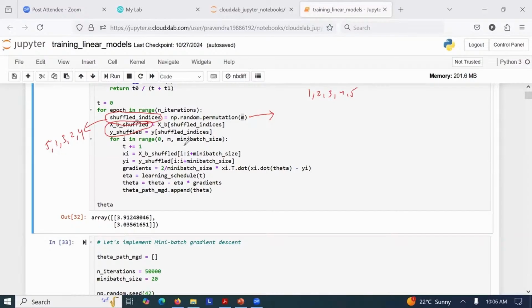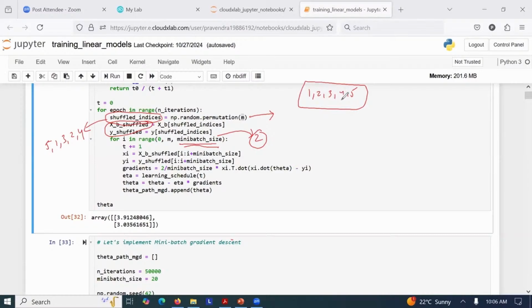Now, based on this mini batch size, suppose mini batch size is 2, which means we will compute gradient by using 2 examples at a time, right? Originally we have 5 data points. If you use all 5 data points to compute gradient, that method is called batch gradient descent.